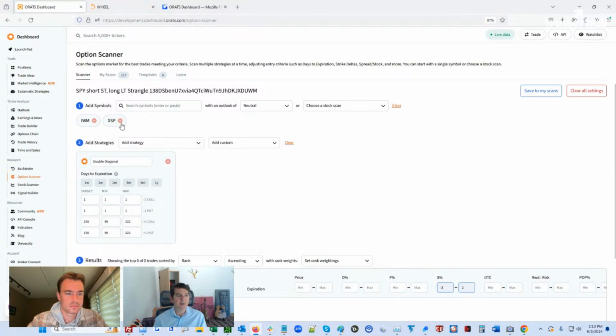So here's IW. I've been using XSP because a lot of these you hold to expiration, and these close right at expiration. I think IWM does too, but we'll have to look at that. I'm not sure if they trade into it. Again, I'll have to check on that. But I've been liking XSP as well on this.